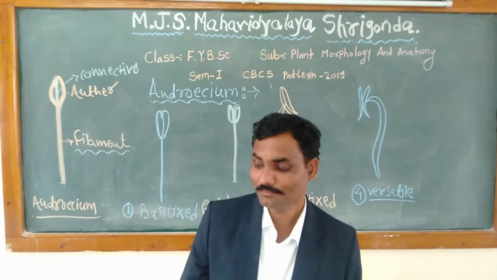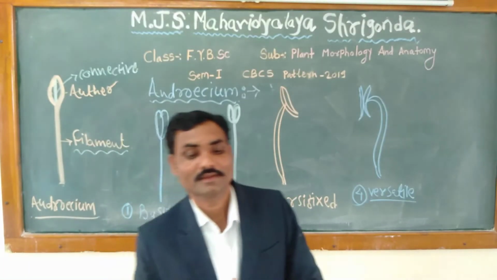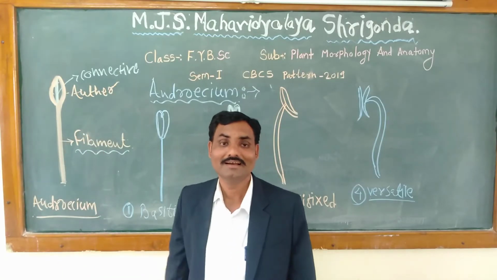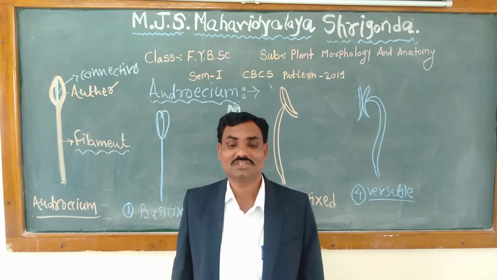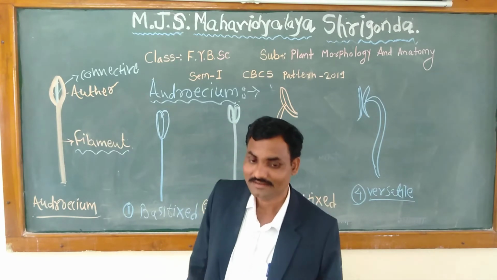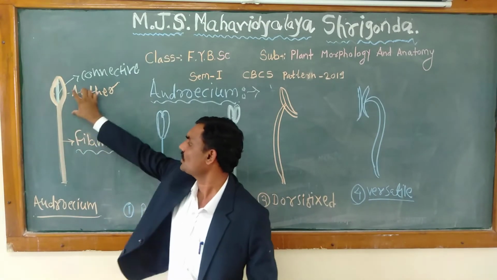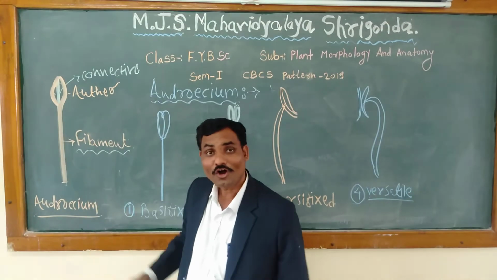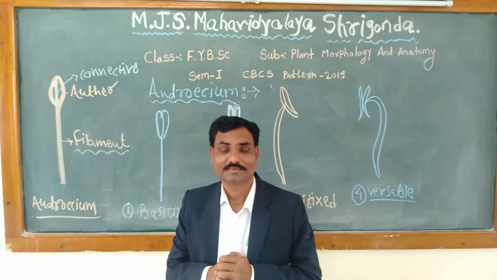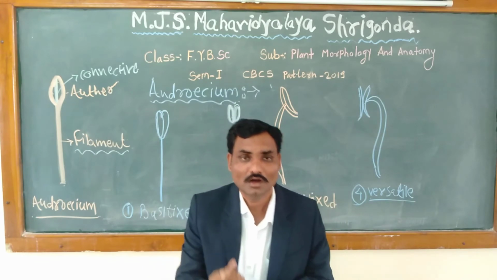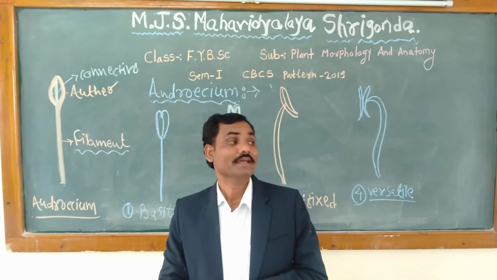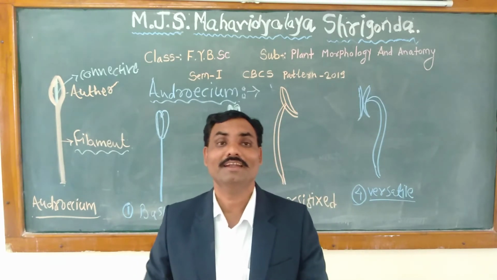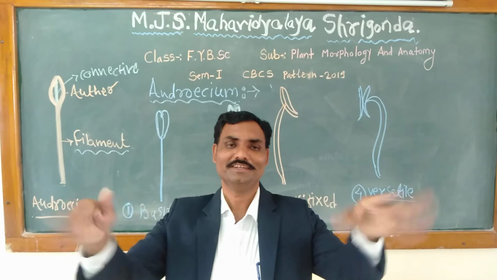What is the function of that filament? It is a cylindrical structure. Observe very carefully. It is the cylindrical stalk of the stamen. It may be long or it may be short. In some plants, it may be very short, and in some cases it is absent.